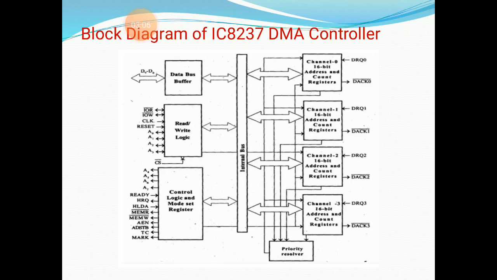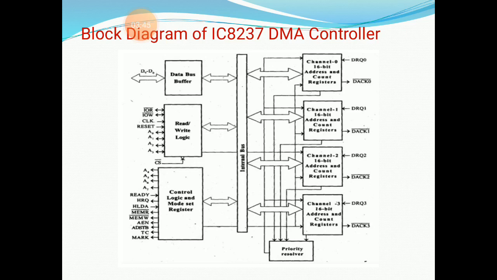Here each channel consists of two 16-bit registers, that is a 16-bit address register and a 16-bit count register. The 16-bit address register stores the 16-bit address from which the data can be stored or retrieved, and the 16-bit count register counts the number of bytes to be transferred in the DMA technique. Each channel receives one request signal from the peripheral by using DRQ and sends an acknowledge signal to the peripheral.